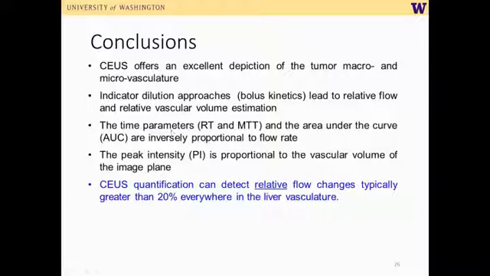The time parameters, rise time and mean transit time, and also the area under the curve, AUC, are all inversely proportional to the flow rate, where the peak intensity is proportional to the vascular volume or vascular density of the image plane or of the whole tumor if we're doing 3D ultrasound.